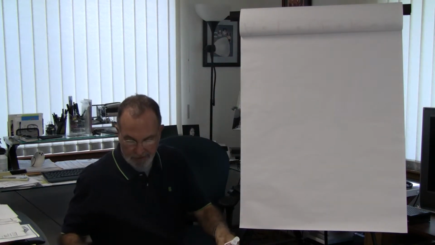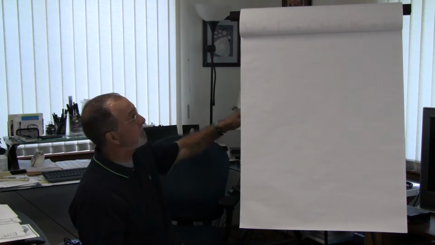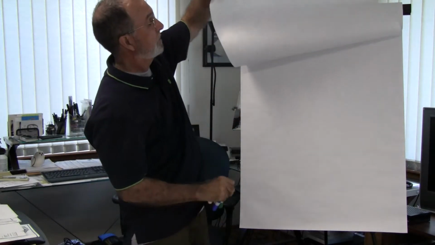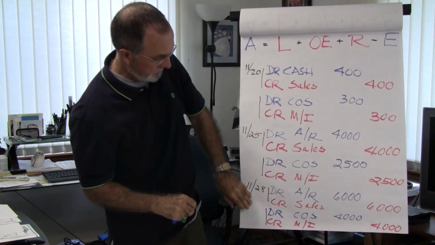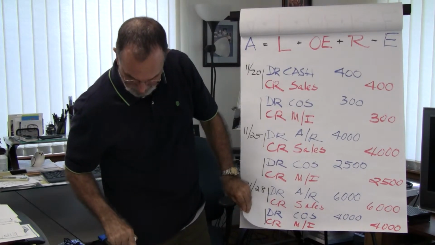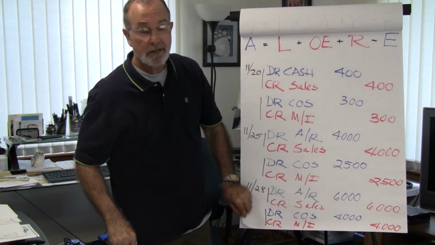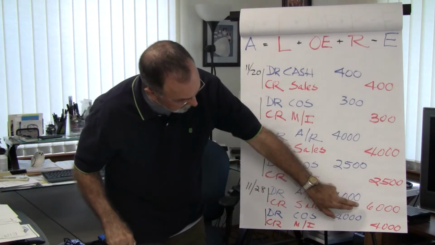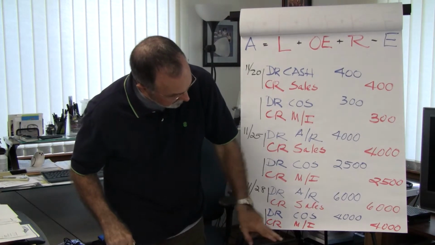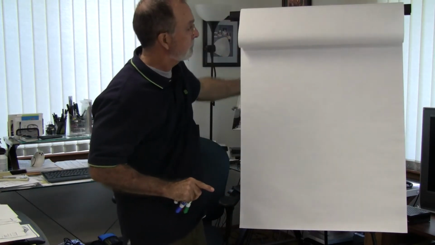Okay, let's go on to the next sheet here. On November 29th, Nancy's Gym, again, we made this sale to Nancy's Gym on the 28th. It was a $6,000 sale, and we had sold 10 items. The sale amount was $6,000, and the cost of that sale was $4,000 for 10 items.